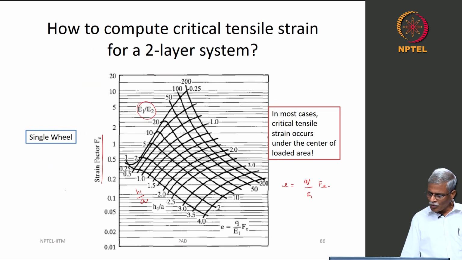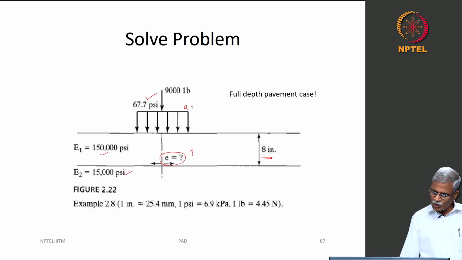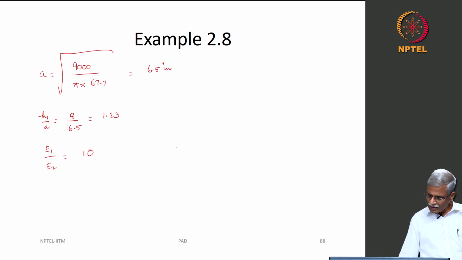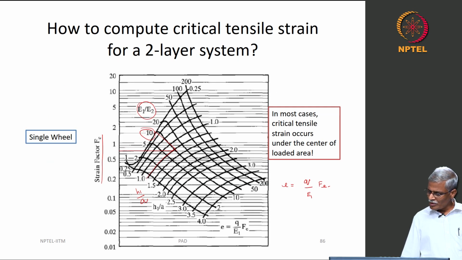Now, take the 10 here, and the H1 by A that you found as 1.23, locate them on the chart, and see where the factor comes. So, you are going to get the factor as close to 0.72.